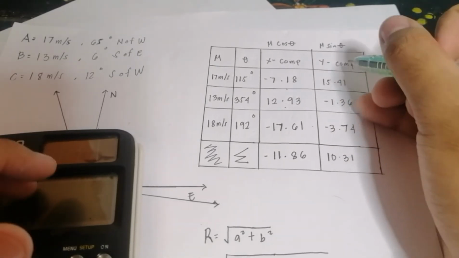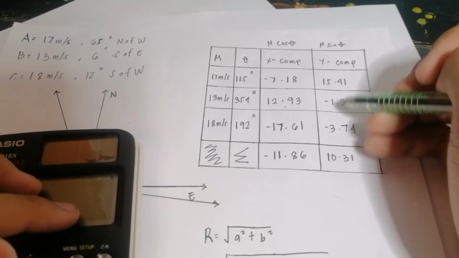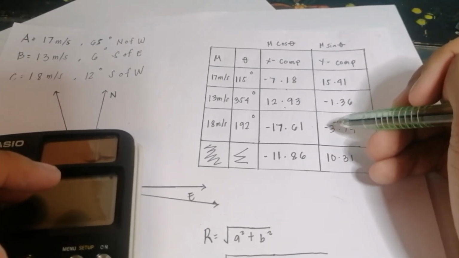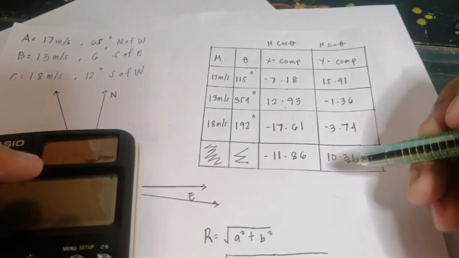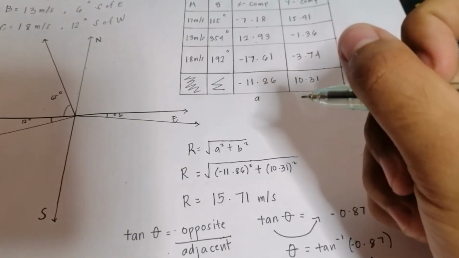And the y component is 15.41 plus negative 1.36 plus negative 3.74, which is 10.31. Okay? We're still not done yet.